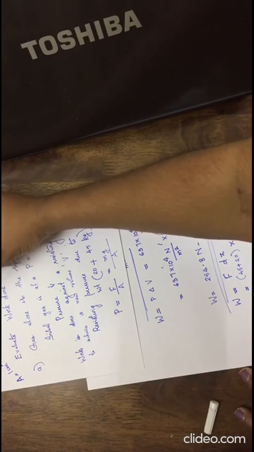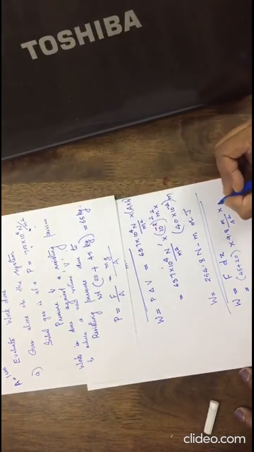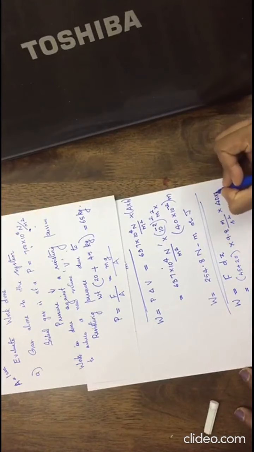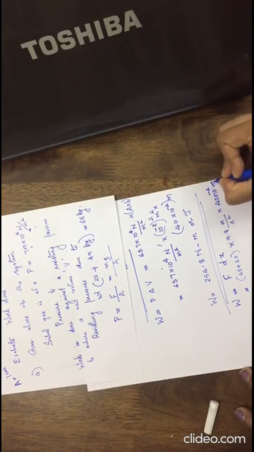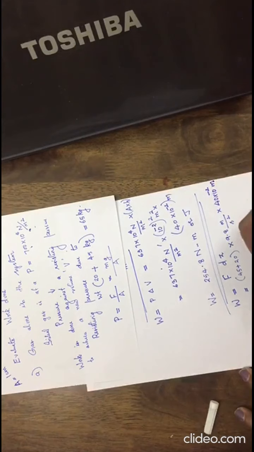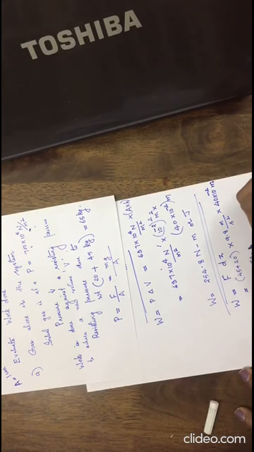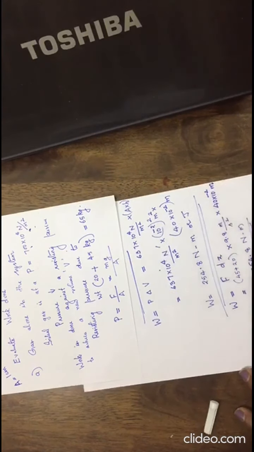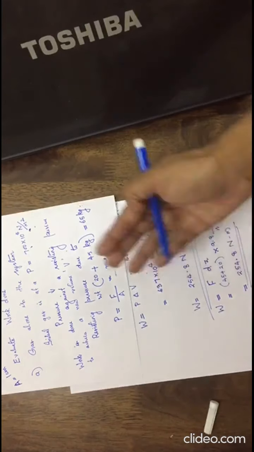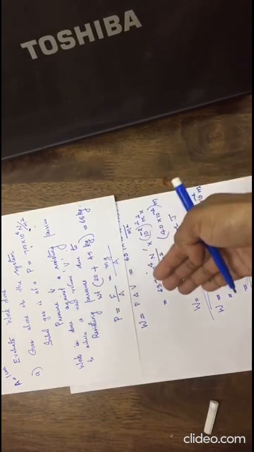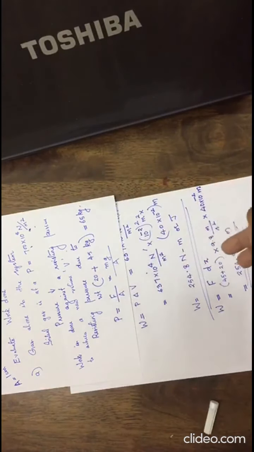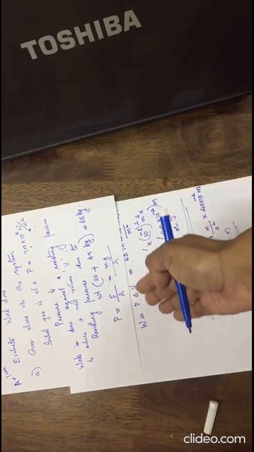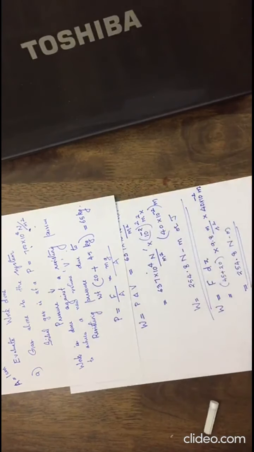Once a piston moves through a distance of 40 centimeter, that is 40 into 10 power minus 2 meters. So what is the answer? It should be 254.8 Newton meters. So you should get the same answer if you calculate by estimating the resisting pressure and using P del V as work done, or work is equal to F dz, the displacement work.